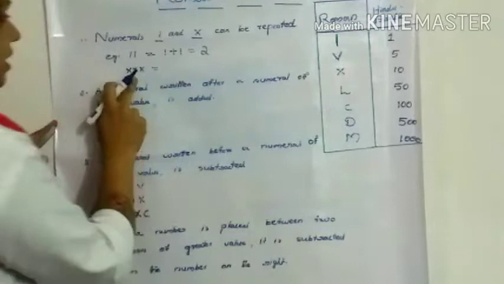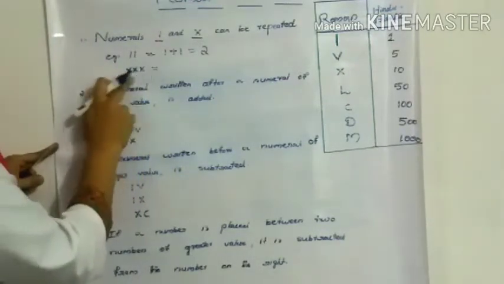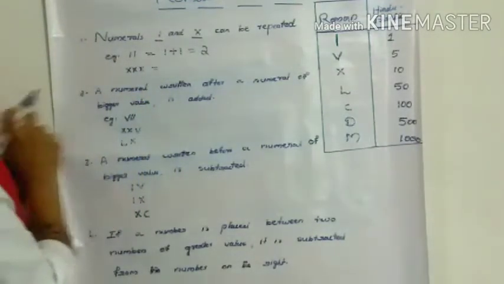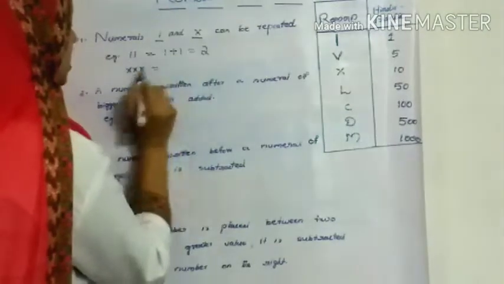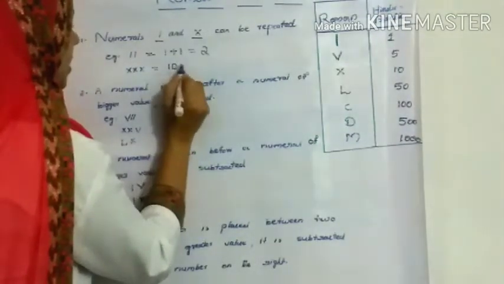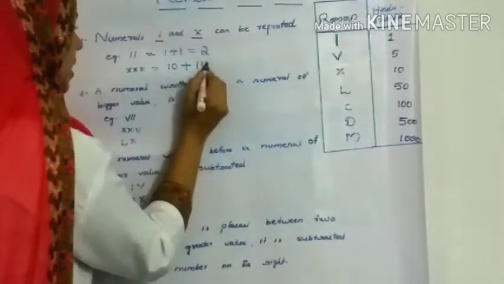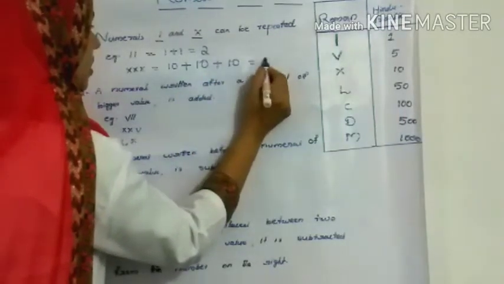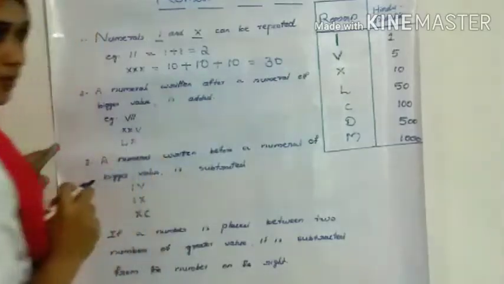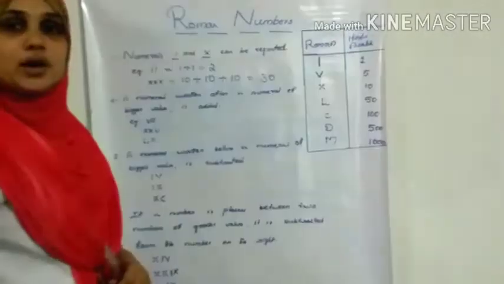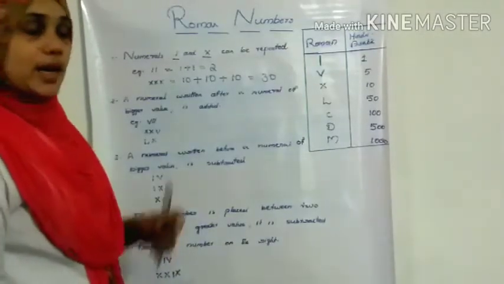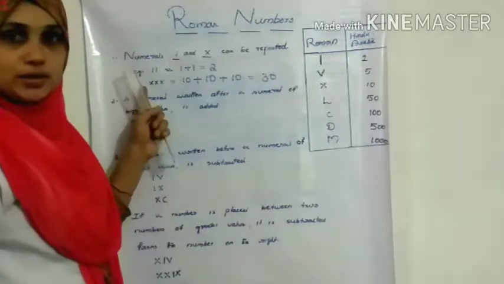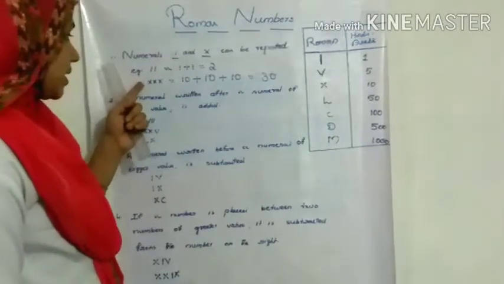Next one, XXX. How can we write this one? 10 plus 10 plus 10, which is equal to 30. If we want to write 40, can we add one more 10 here?